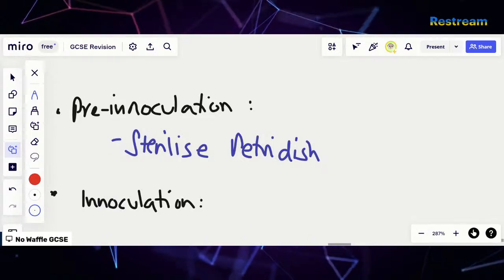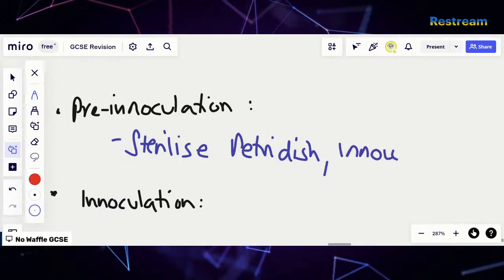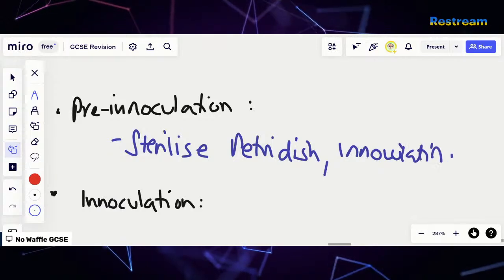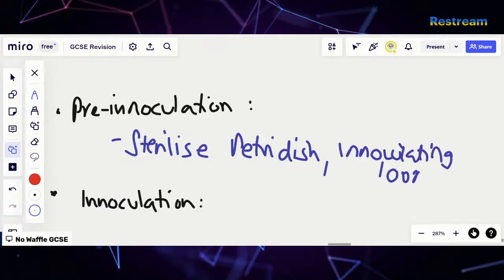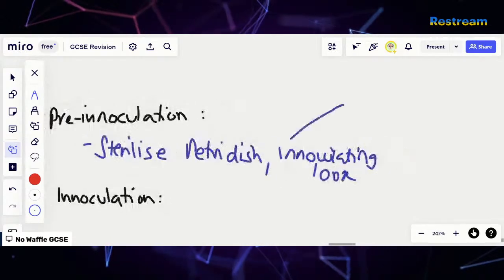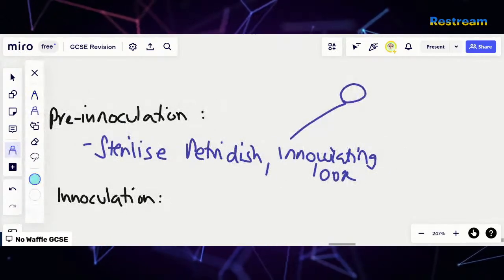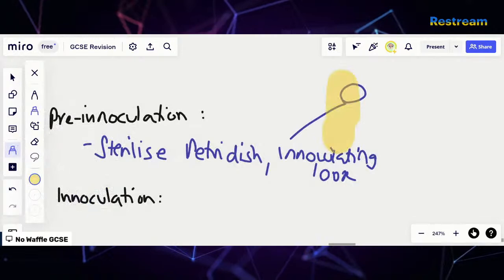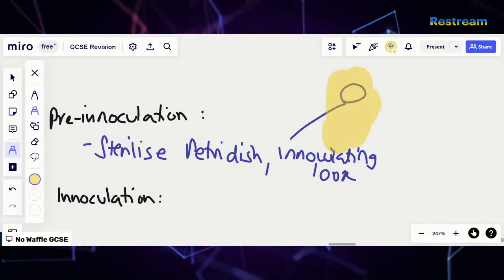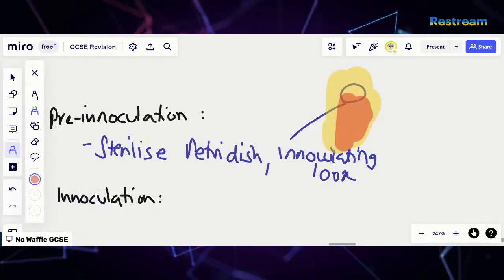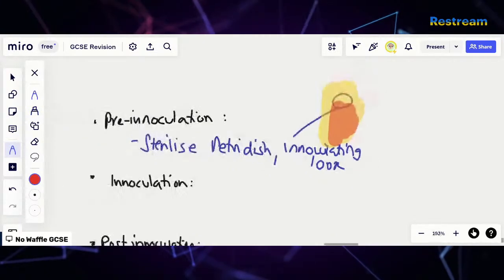Now we also want to sterilize the inoculating loop. How do we sterilize the inoculating loop? What we do is we pass the inoculating loop through a fire, and as it goes through the fire, it kills any unwanted bacteria.